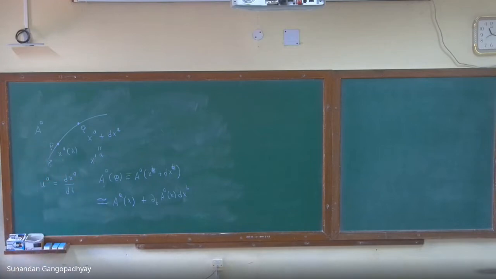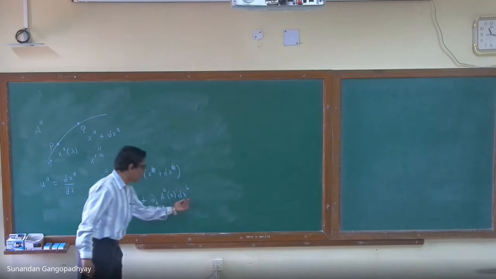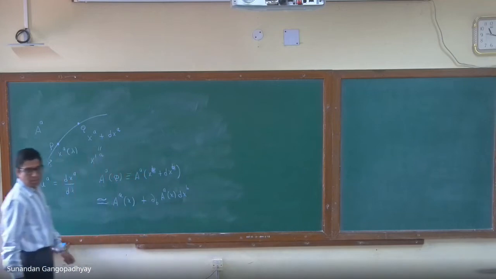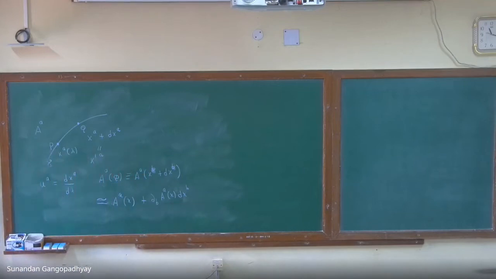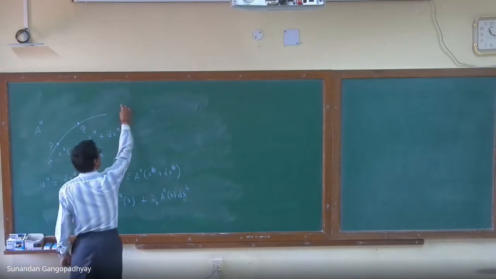We had already calculated this earlier. Since this is infinitesimal, up to this order, up to dx^p, this is this. Neglect the other terms. Now comes the important part that we have not done earlier.